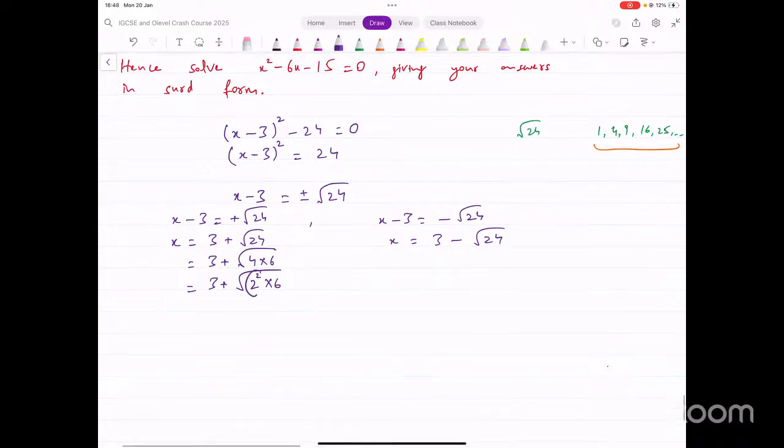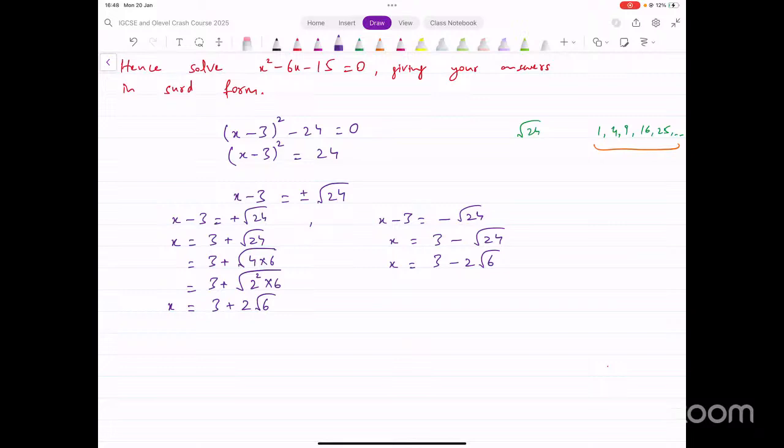And now for 2, the square and square root will get cancelled, and we can write that outside so that it becomes 3 plus 2 times square root of 6. This is one value of x. Then the other one is going to become 3 minus 2 times square root of 6. Okay, and these are your final answers: 3 plus 2 under root 6 and 3 minus 2 under root 6. That is what we wanted at the end.